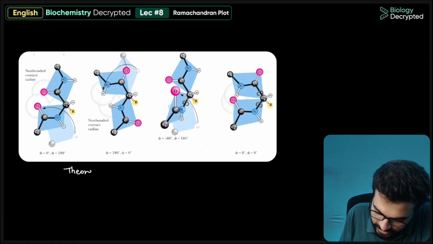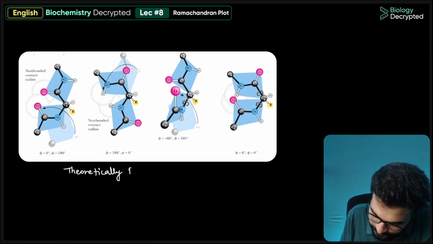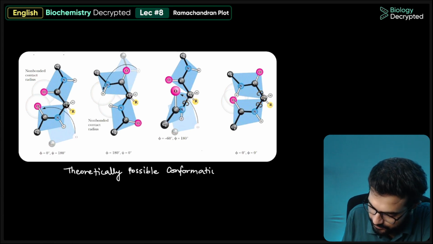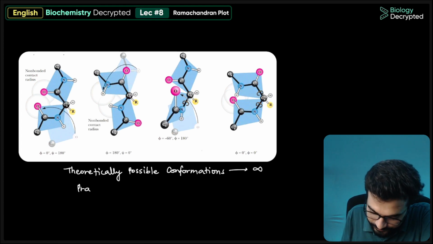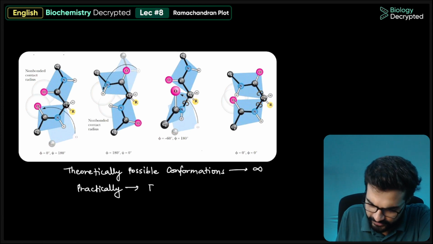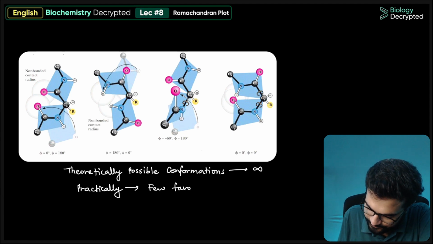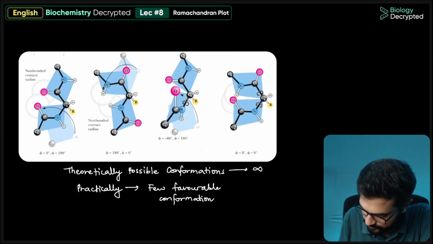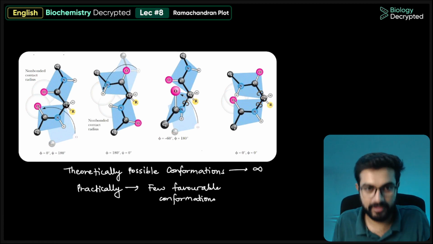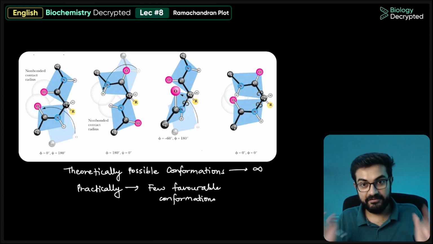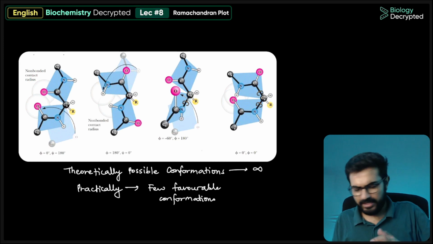So theoretically, possible conformations can be infinite, but practically only a few favorable conformations exist. Well, few with respect to the huge number of theoretically possible conformations. Those are infinite. In comparison to those, there are a few.